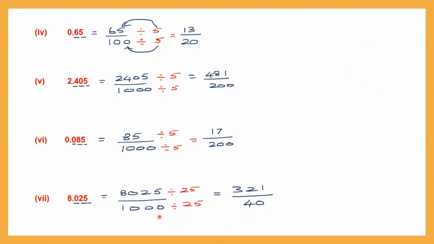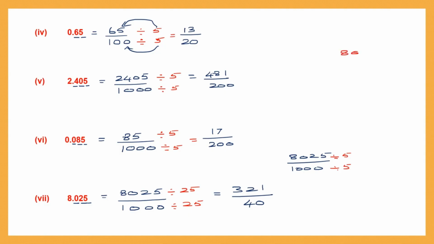Now like I said, you can do this division by 5 and then still do it. Now let me show you how to do this by 5. Now suppose I have 8025 by 1000. Now I'm going to divide numerator and denominator by 5. Sometimes you don't know whether it's divisible by 25, isn't it? But since it's ending in 5 and 0, you know it is divisible by 5. So you can do it like this also.